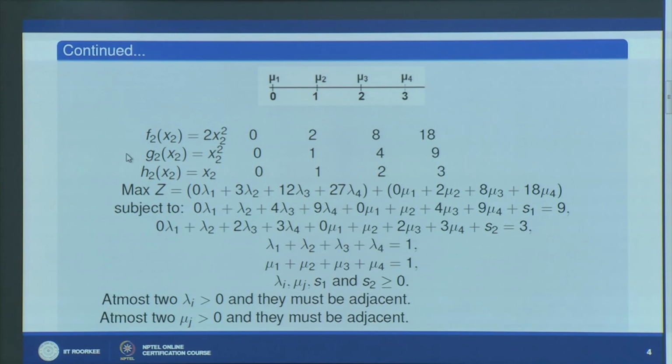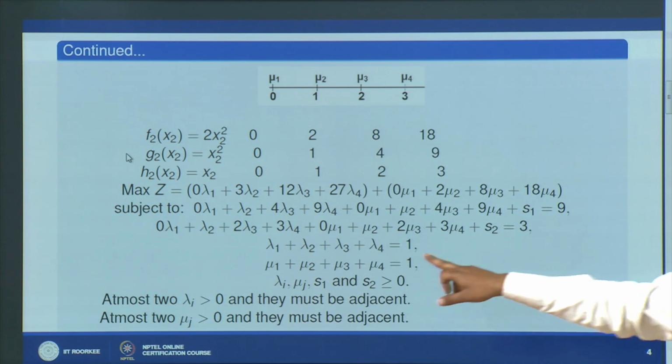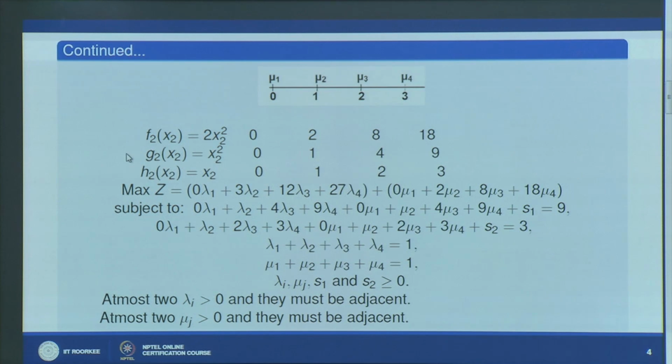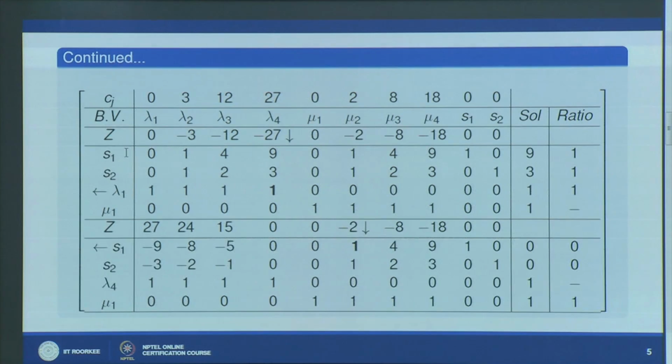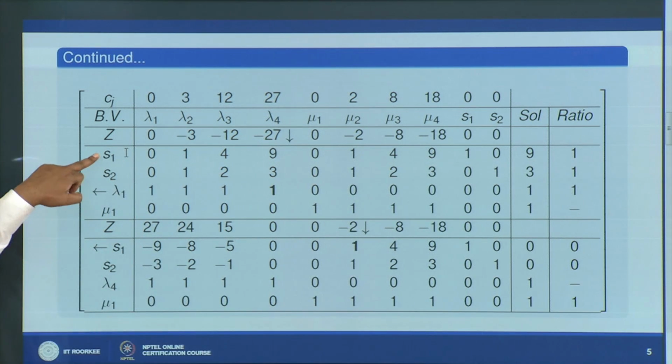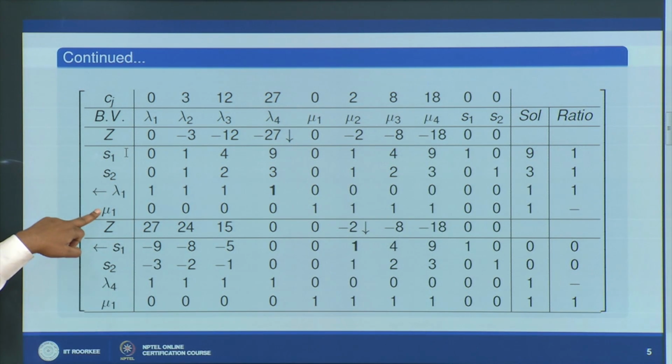The variables which are making identity in the first table are S1, S2, lambda 1 and mu 1. These are making identity in the first table, as we can easily see. So, the basic variables in the first table are S1, S2, lambda 1 and mu 1.